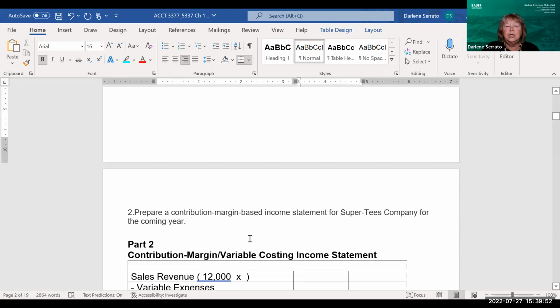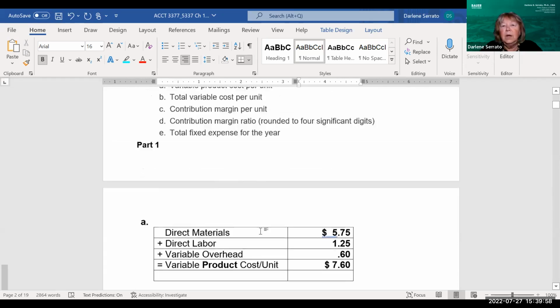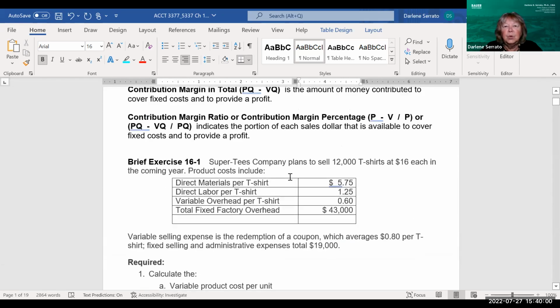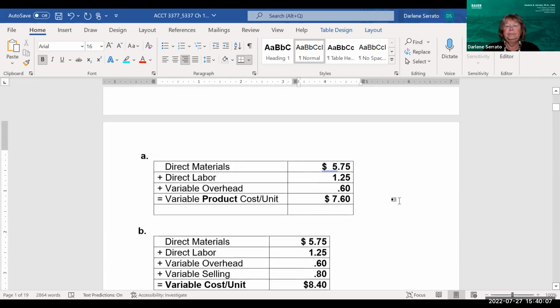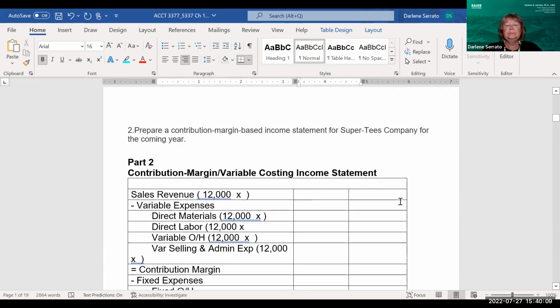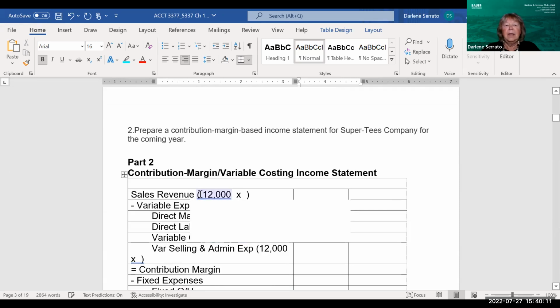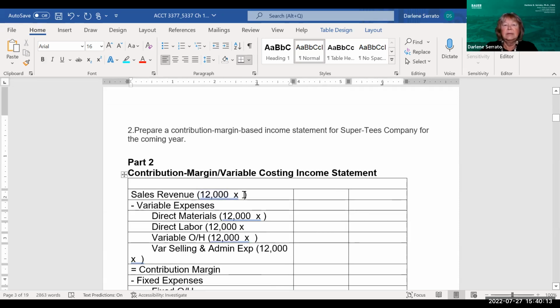Then they want us to prepare an income statement for the year. They said we are going to sell 12,000. So you're going to multiply sales units times that cost per unit. So 16 for revenue.